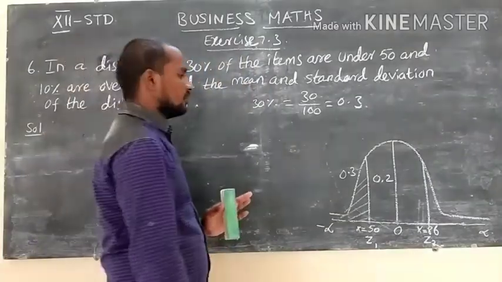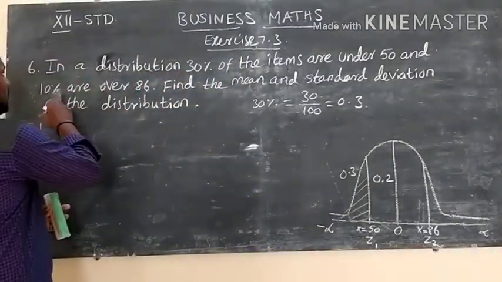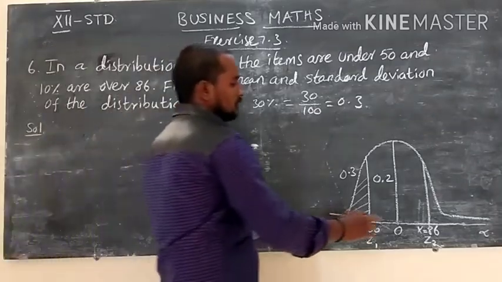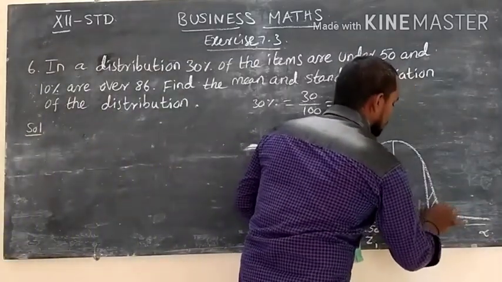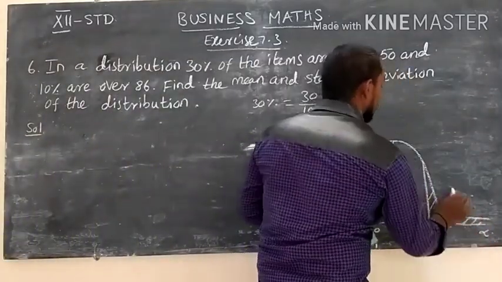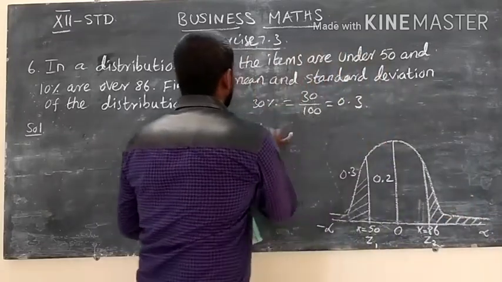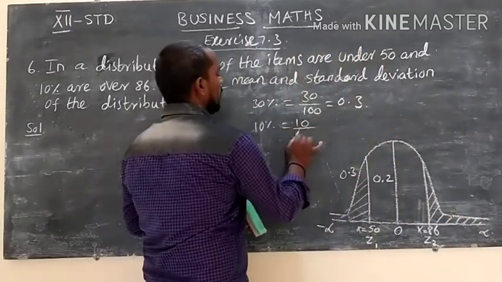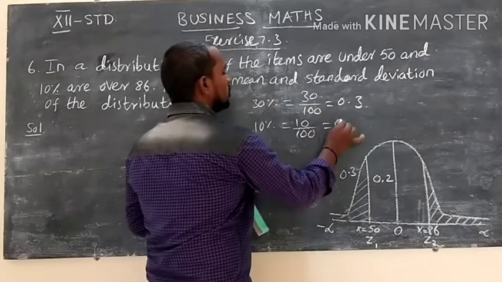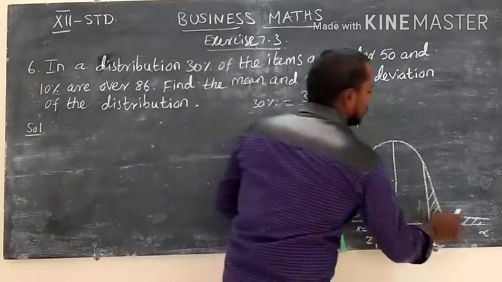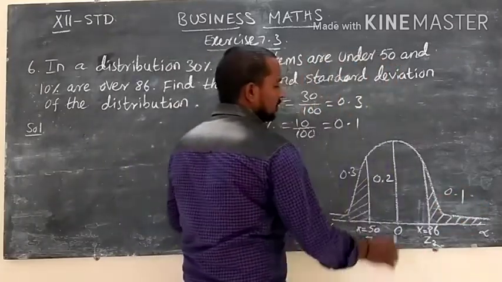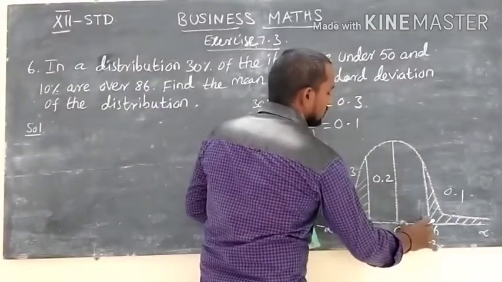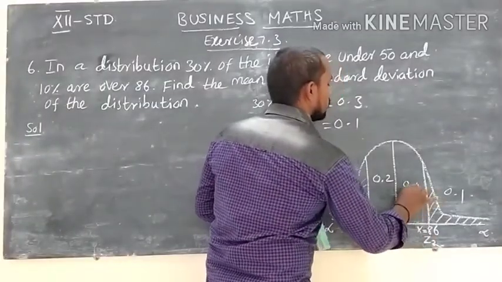Are you clear? Then 10% are over 86. This is fully 10%, in the same manner 10 by 100 which is equal to 0.1. The remaining value of this interval is 0.4.